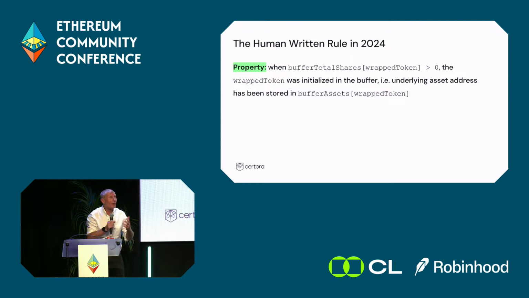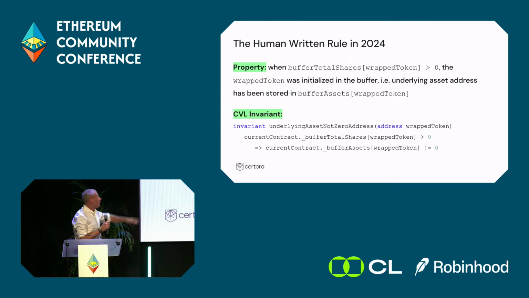How did we find it? We ended up writing a property, and essentially the property says that if you have shares, you have assets to cover the shares. It's a very natural property. Then we write it in our CVL as an invariant. In CVL, you write invariants which are independent of the function.